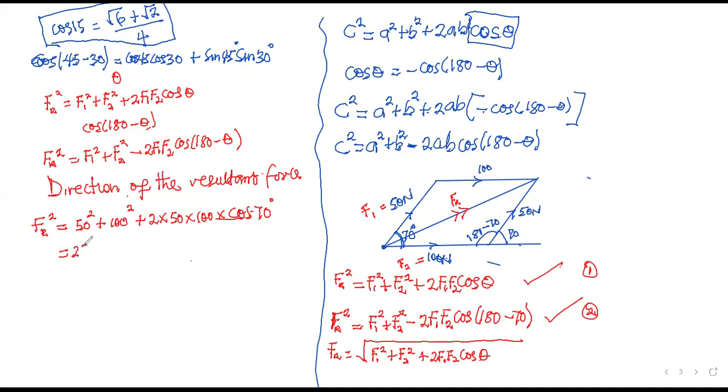Fifty squared is 2,500. This is 10,000 plus 100 times another 100 times cos 70. Let me punch cos 70.